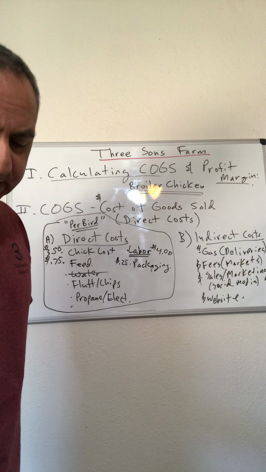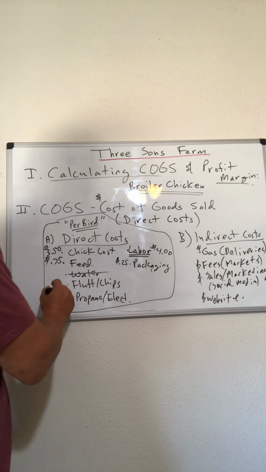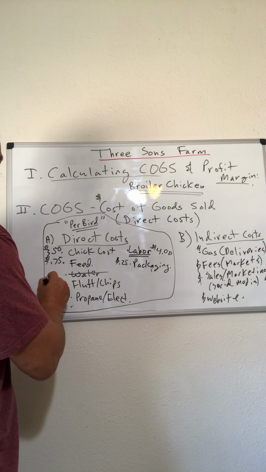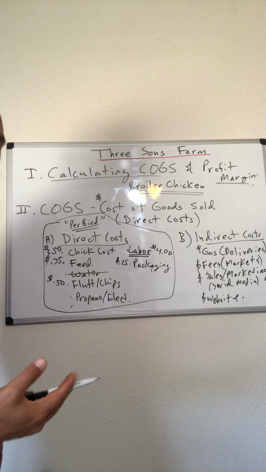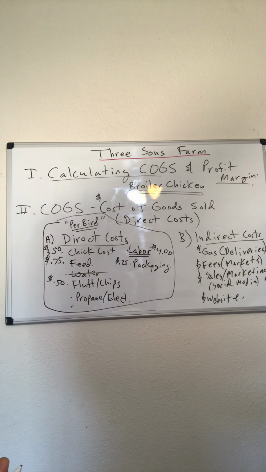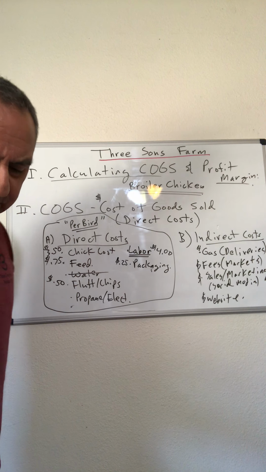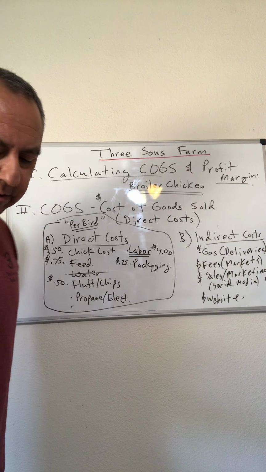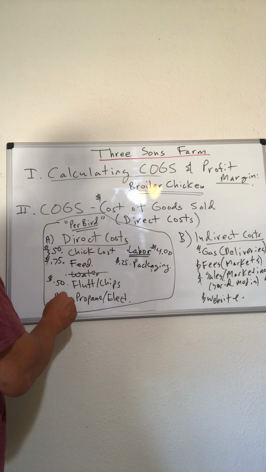I think for fluff, I have 50 cents. But again, if you have access to that, maybe you have a chipper, then that goes away. And propane, we use propane heaters, so like $4 or something.